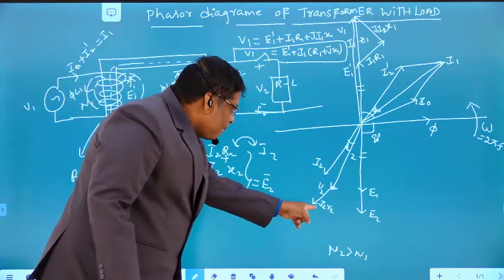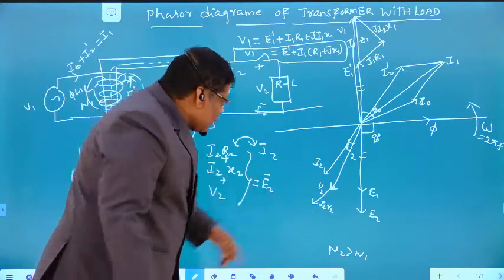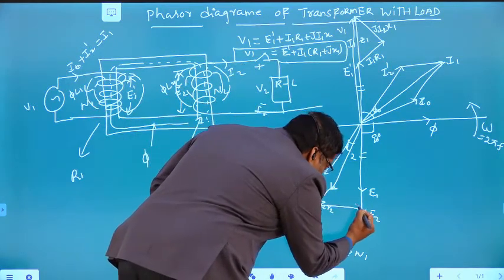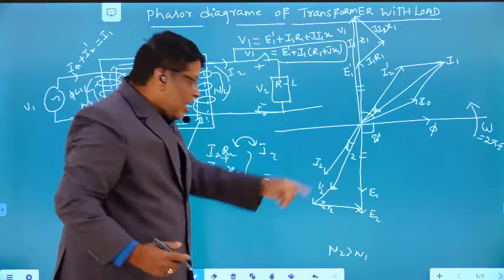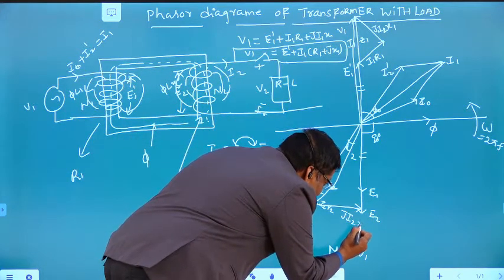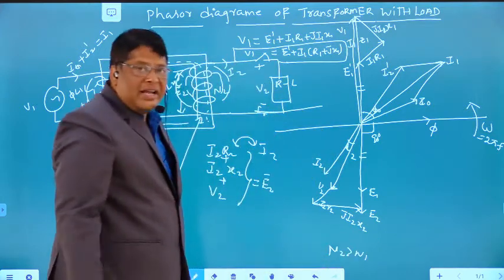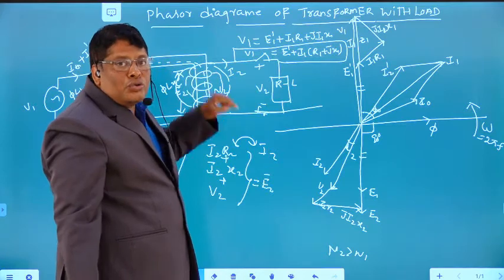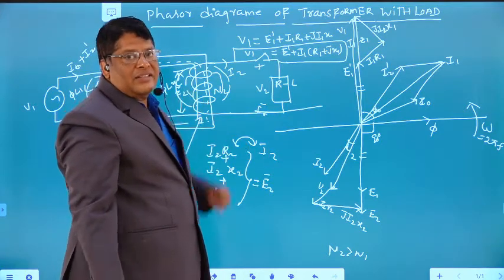Now from this tip, you draw a perpendicular to I2 up to E2. You have to draw it up to E2. This is equal to J I2 X2, nothing but the voltage drop in the secondary winding due to the leakage flux.